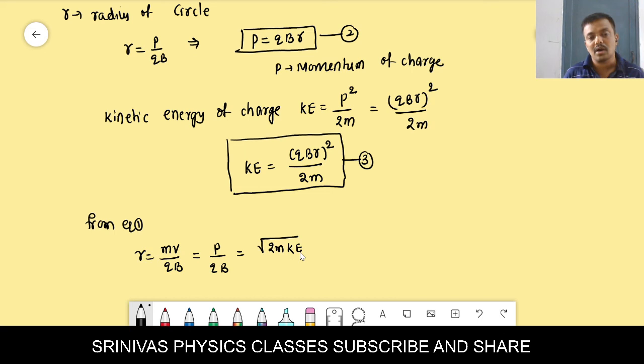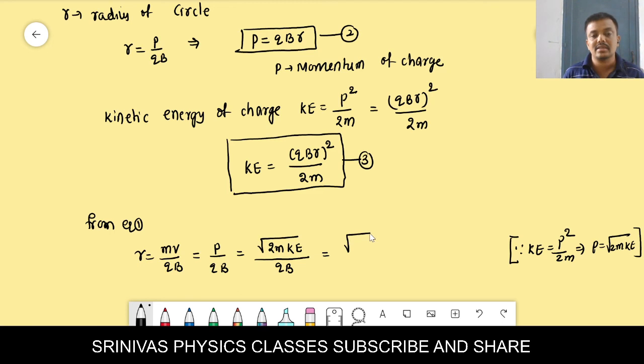How did you get this formula? Just from the kinetic energy formula p square by 2m, if you write the p formula, we get under root 2m KE, where KE is the kinetic energy of charge.